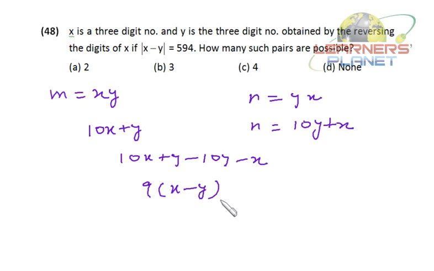Here x minus y is the difference between the digits. That means if I deduct n from m, what I'll be getting is 9 times x minus y.